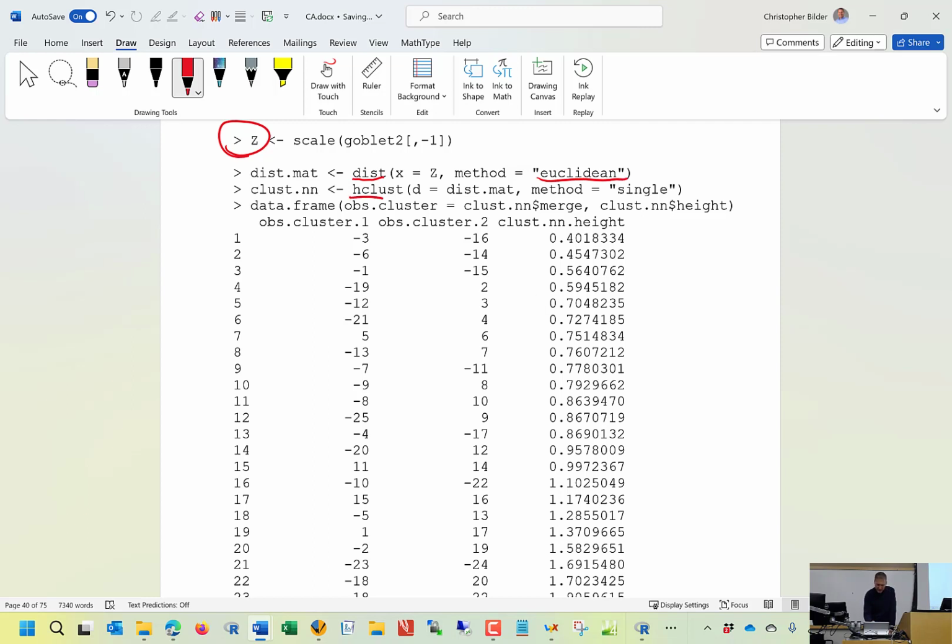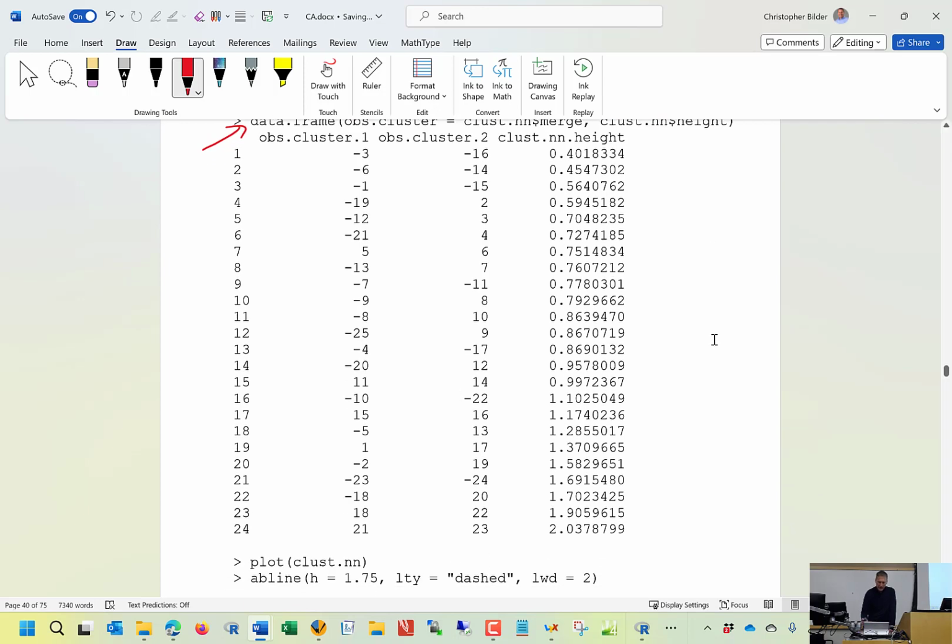I use hclust with that distance matrix, and I say method equals single for the nearest neighbor method. And then I summarize everything in a nice little data frame here. What this means is that when R starts the clustering process, observations 3 and 16 are joined first. The distance between those two observations is 0.40.